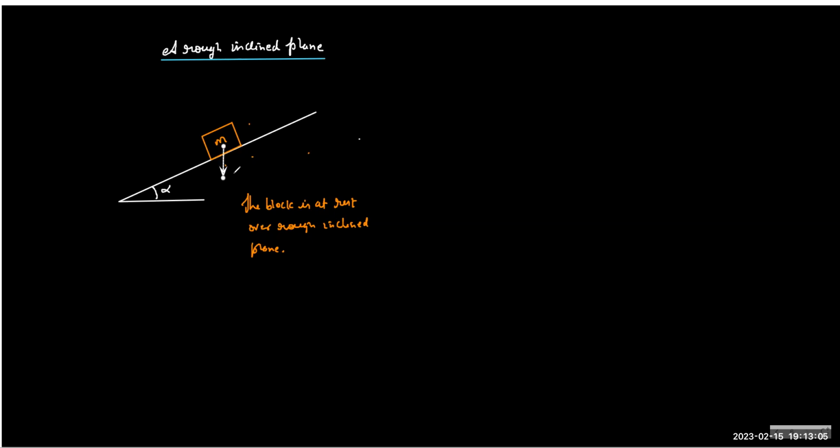So mg is one force, and how does mg act? Vertically downward. The block is at rest under the action of two forces. The other force must be acting in which direction, guys? Tell me.